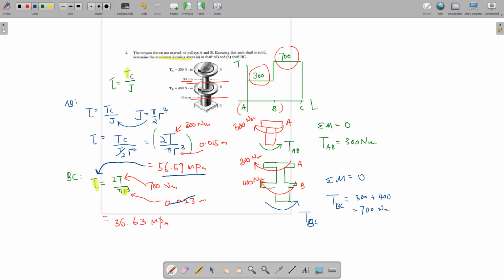Yes, we are going to increase the stress level at the bottom part, but as long as the recalculated stress value of the bottom shaft is not exceeding the stress level of the top portion, that will be fine. Okay, let's calculate that.